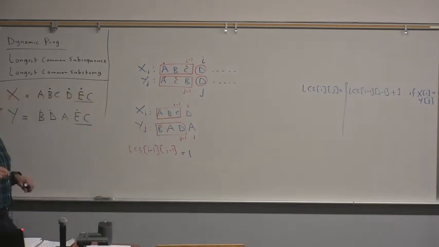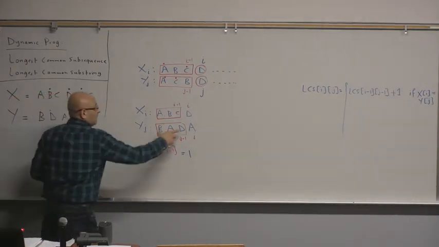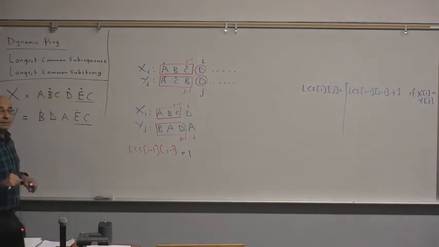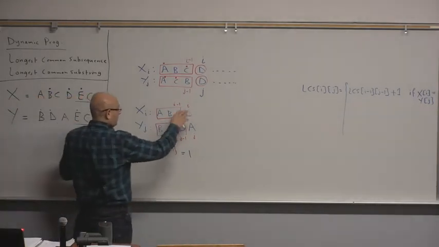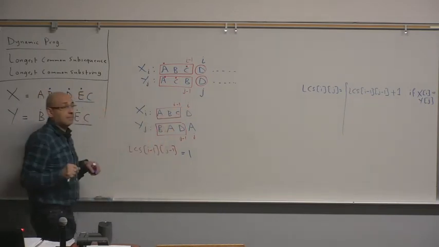But is the length of the longest common subsequence between this 4-character string and this 4-character string 1? What's the length of the longest common subsequence between the 4 and the 4?